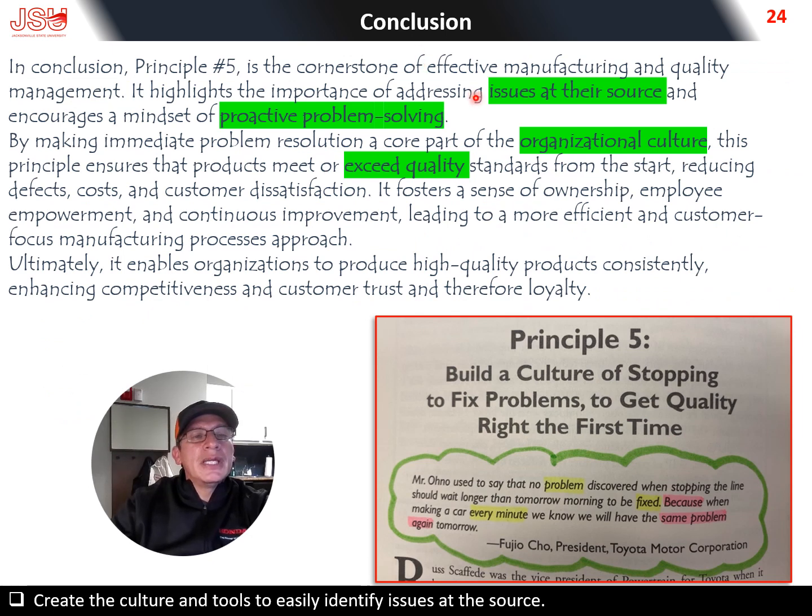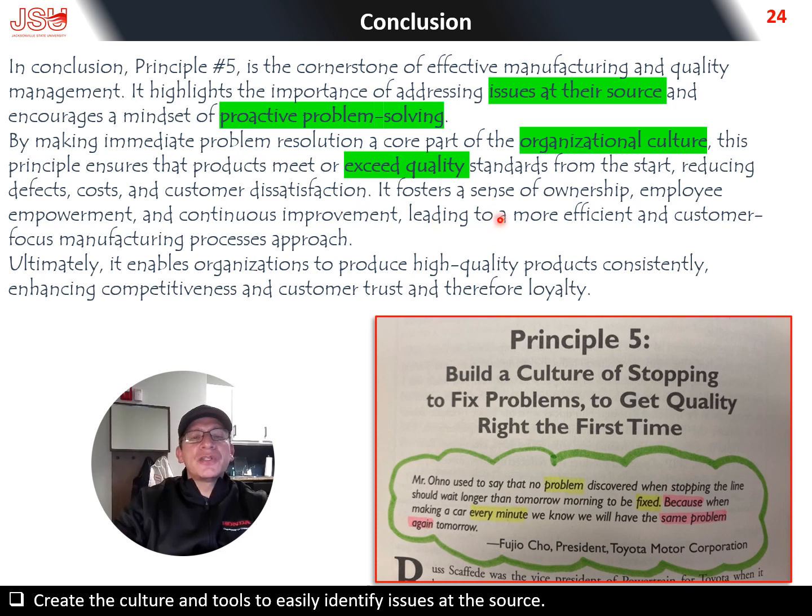Conclusion. In conclusion, Principle number 5 is the cornerstone of effective manufacturing and quality management. It highlights the importance of addressing issues at the source and encourages a mindset of proactive problem solving. By making immediate problem resolution a core part of the organizational culture, this principle ensures that products meet or exceed quality standards from the start, reducing defects, cost, and customer dissatisfaction.